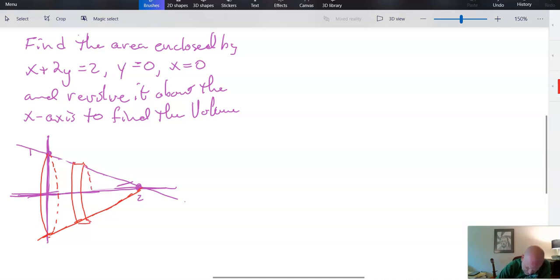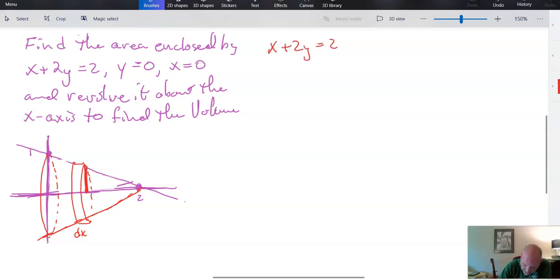looks something like this, and we need its radius because we already know we have a dx here for our width. The radius of this thing is going to be the height, the distance between the x-axis and the function itself. But I need it as a y value, because this is a y value if I'm measuring straight up. So x plus 2y equals 2.